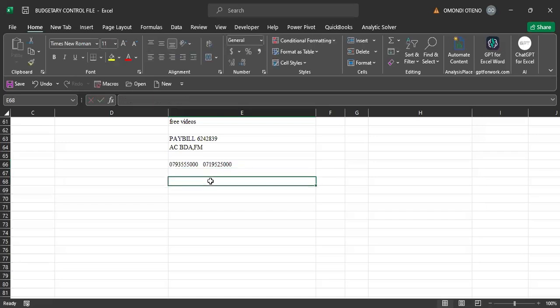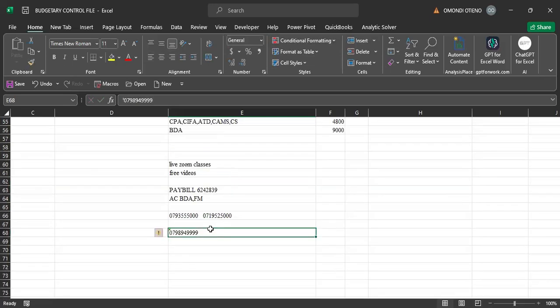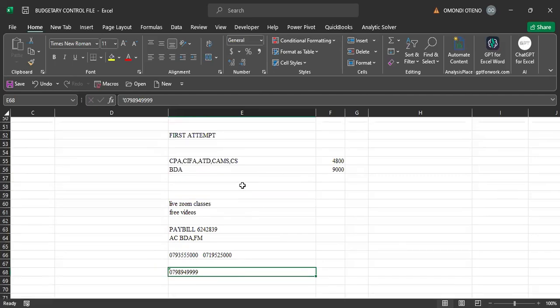For you to be able to purchase revision kits and study text, you can also reach out to 07 98 94 99 99. So you can also reach out to this number if you want any inquiry with regards to the study text and revision kits.